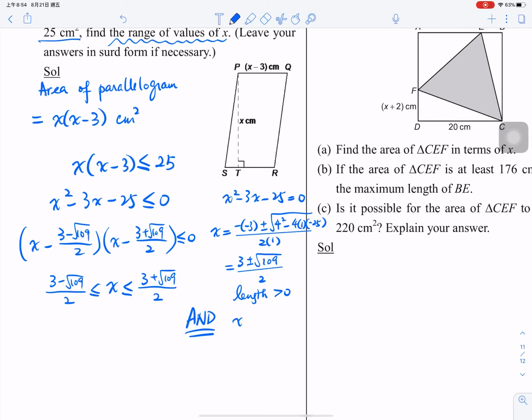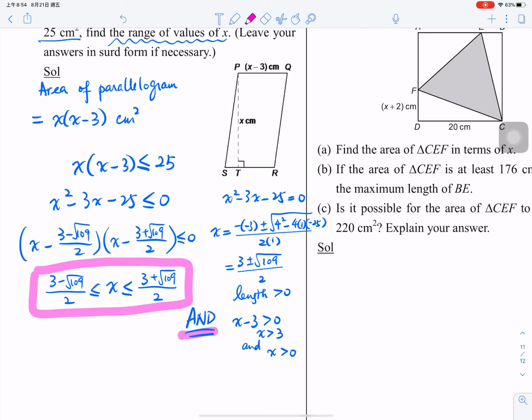For example, x minus 3 greater than 0 and x greater than 0, right? The length of the height is greater than 0, the length of the side is greater than 0. So x minus 3 greater than 0, and you find that x is greater than 3. So think about this situation and this situation.